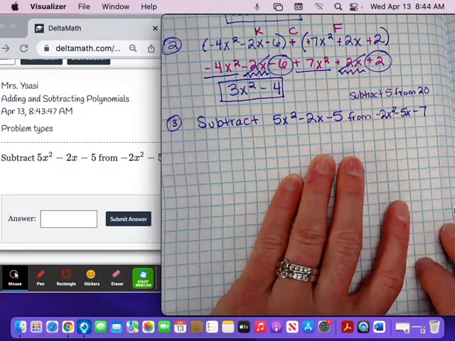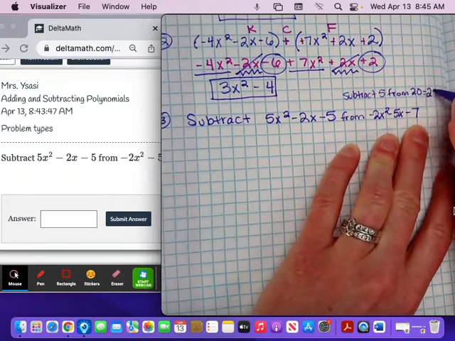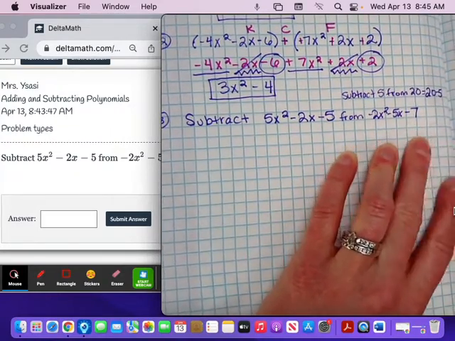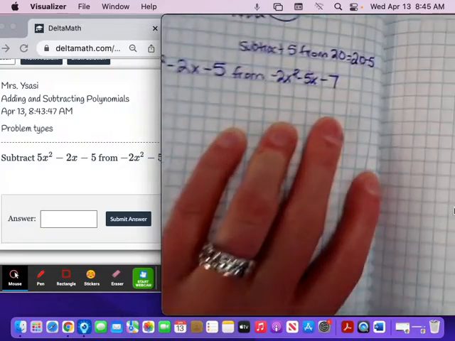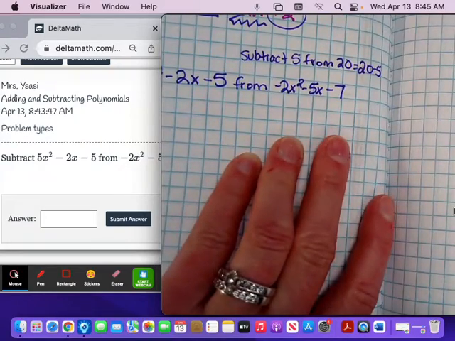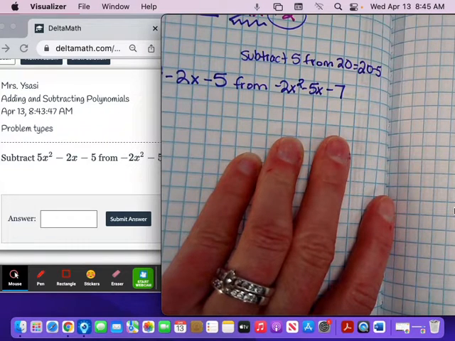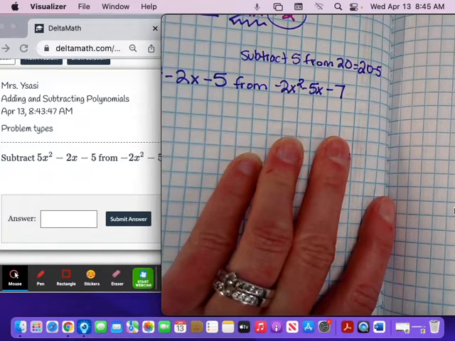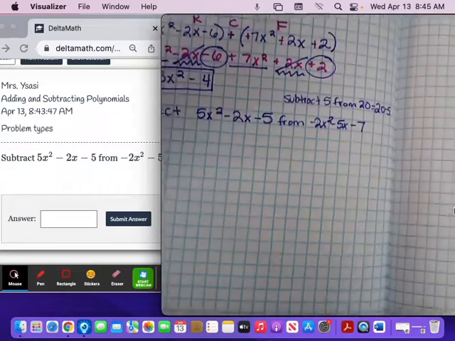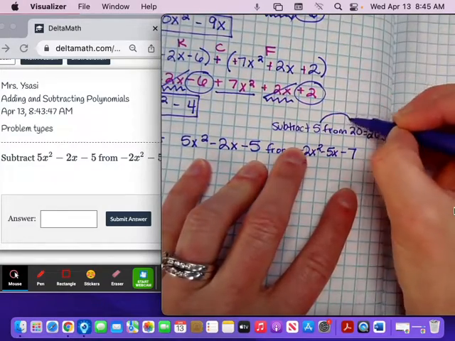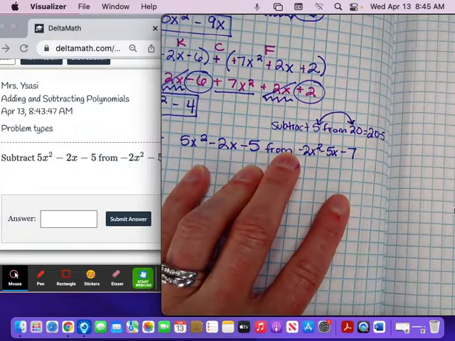Subtract 5 from 20 really means 20 minus 5. So we changed the order. We flipped them around. Because you wouldn't do 5 minus 20 if I'm trying to subtract 5 from 20. You take 20, subtract 5 from it. So what we do is we have to reverse the order.